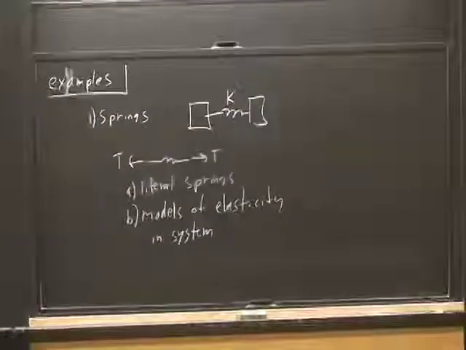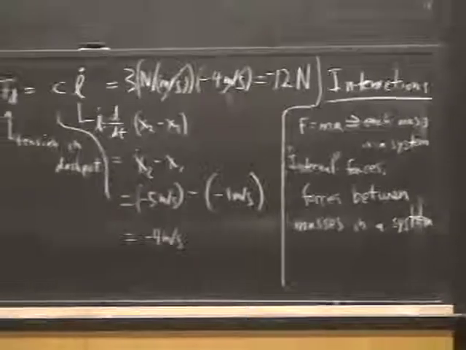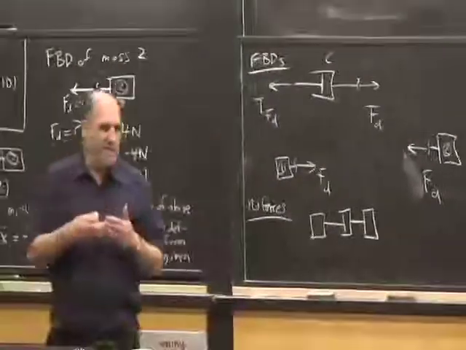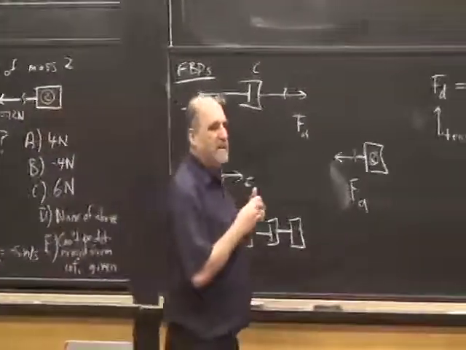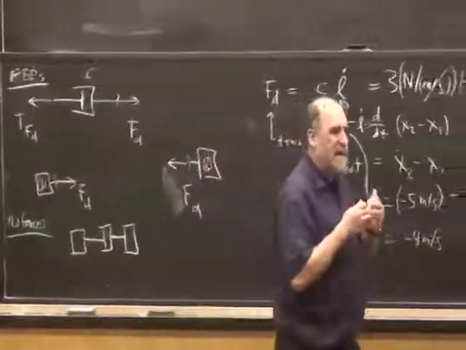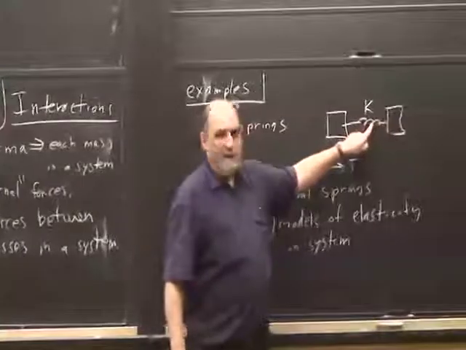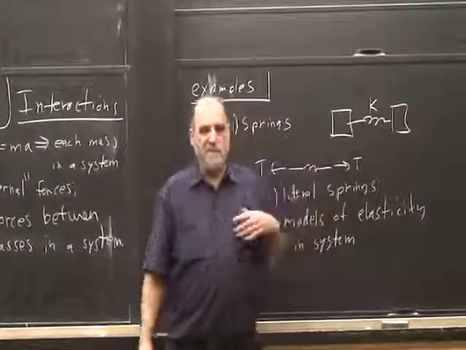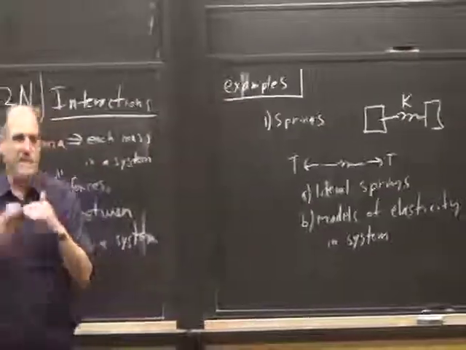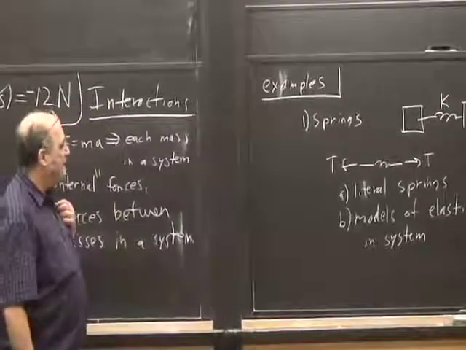They're connected by something, a piece of rubber, or maybe even they're actually connected to each other. And we say they're connected, but there's not such a tight connection. There's a little elasticity in the connection. And when we go to write equations, we model it as if there's a spring in there. That is, we assume that the force of interaction is proportional to some distance between the objects.